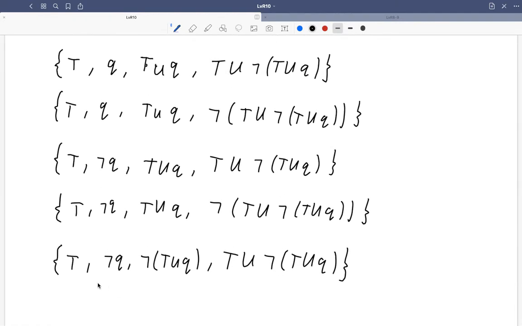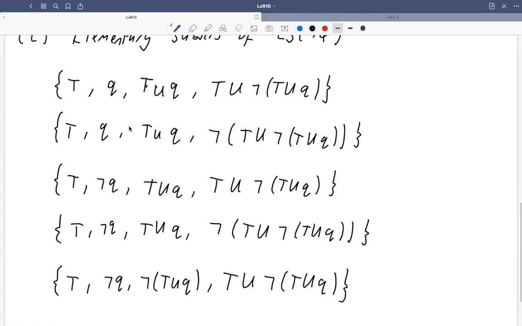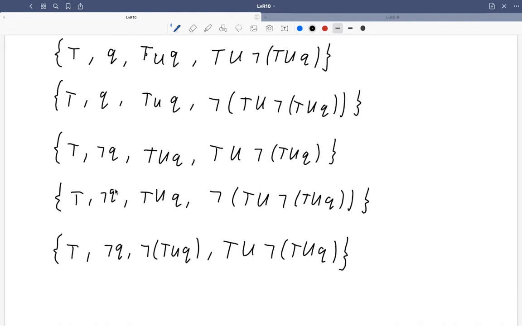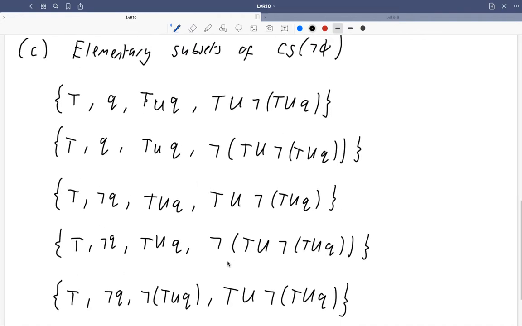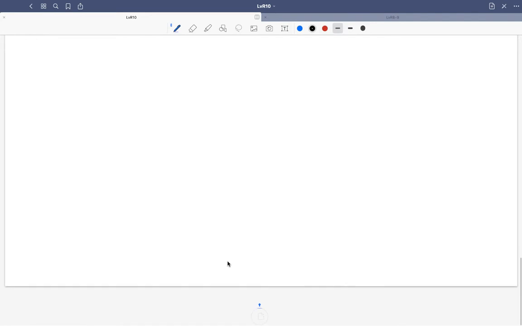And that's it, because we've explored every opportunity. Every time we were forced to do something, we've done it, and we've explored what happens if we have true and Q, and true and not Q, with true until Q, and with not true until Q, and we've exhausted all the possibilities. So we have 5 elementary subsets there.